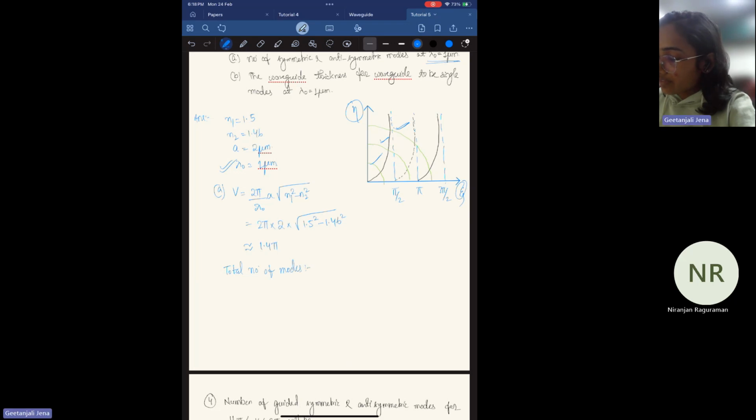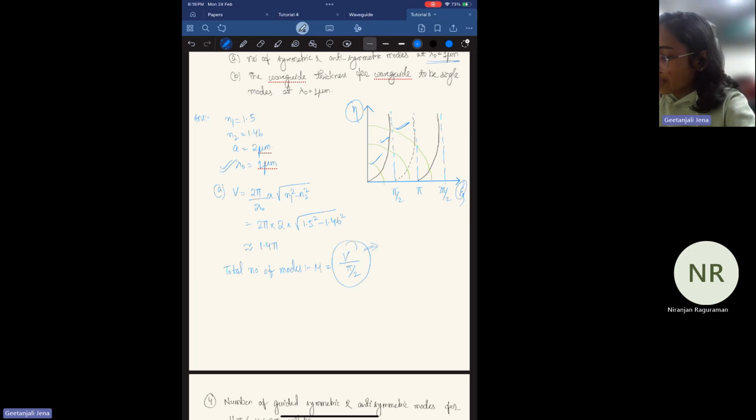We have to divide the V parameter by pi by 2. And whatever you get from this, you have to look for the integer that is greater than this value but closest to it. So you have to find the nearest greater integer.